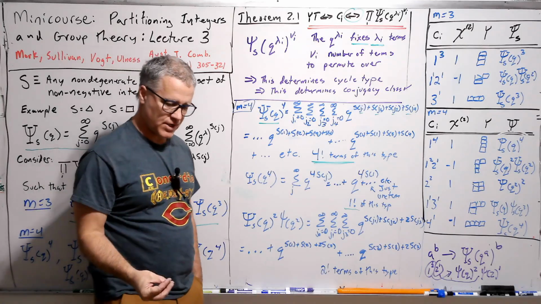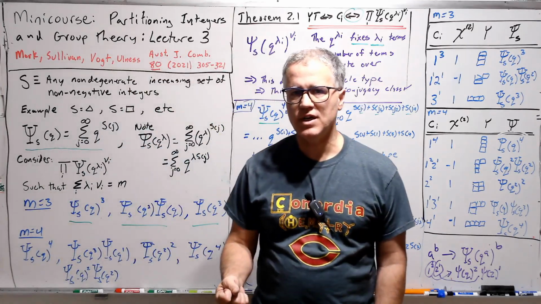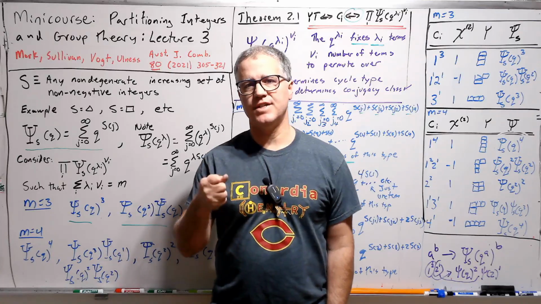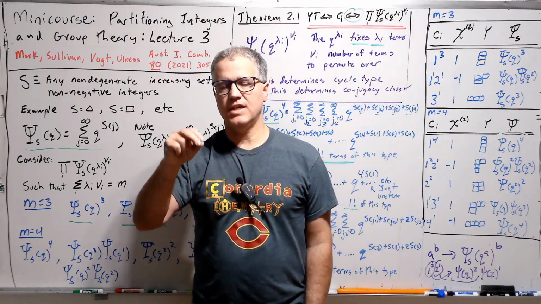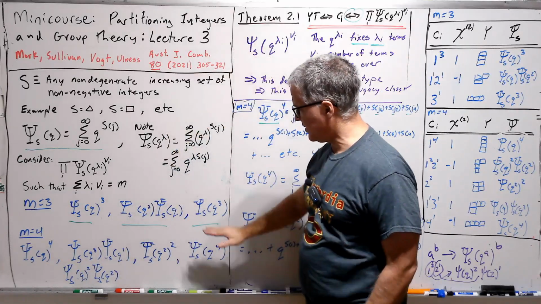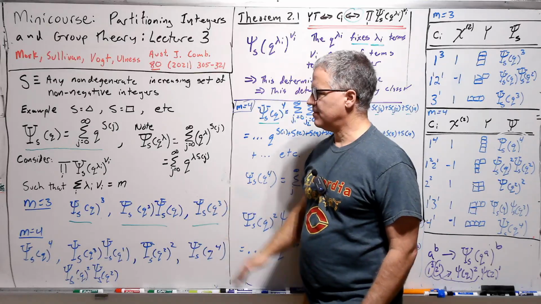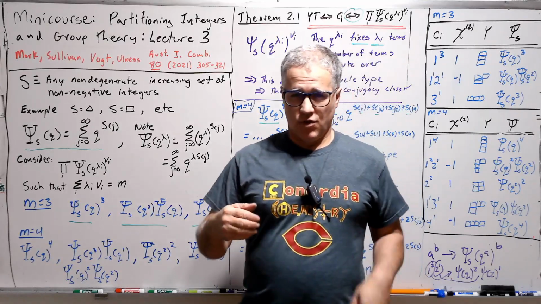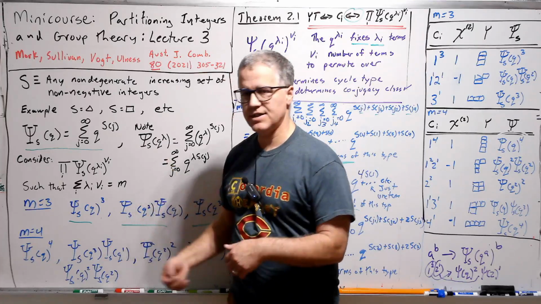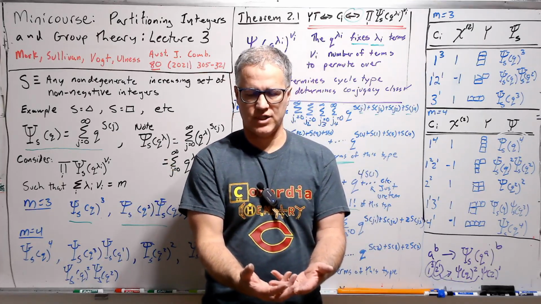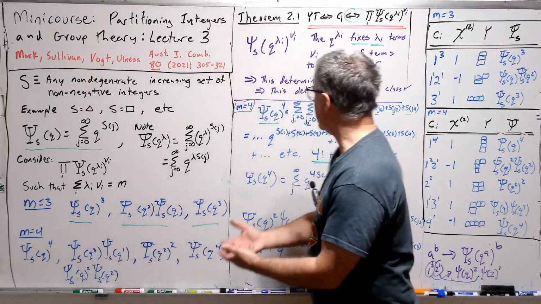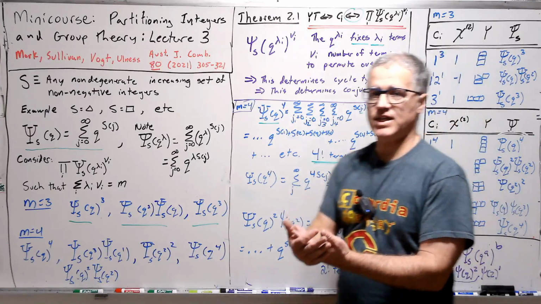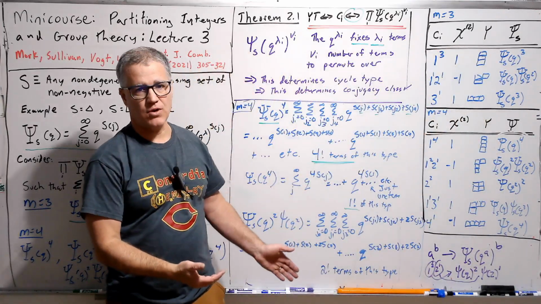All right, we're going to use this now to do our counting. And so in the next video, we're going to talk about the main theorem of the paper, where we give a formula in terms of these. The idea here is we can write these to express the number of partitions, and since they're connected to the conjugacy classes, then we can use some of the group theory properties.